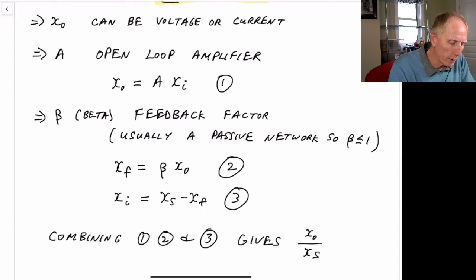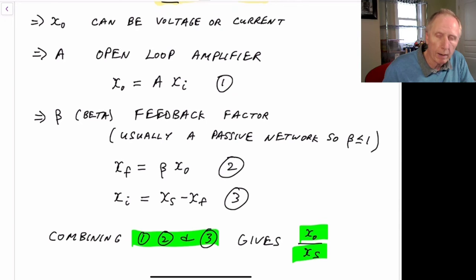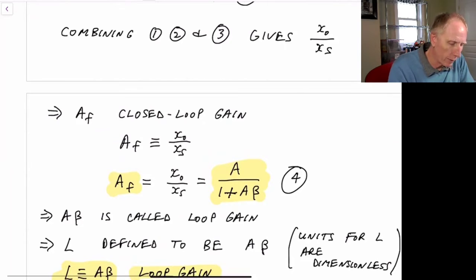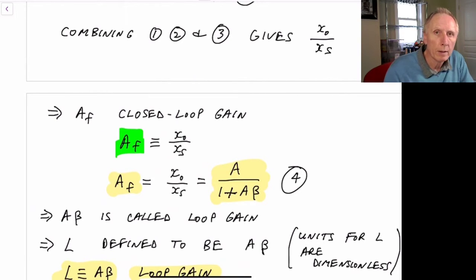We can combine all these three equations, 1, 2, and 3, and find X naught over X sub S. We define A sub F to be the closed loop gain. So A was the open loop amplifier gain, A sub F is our closed loop gain.